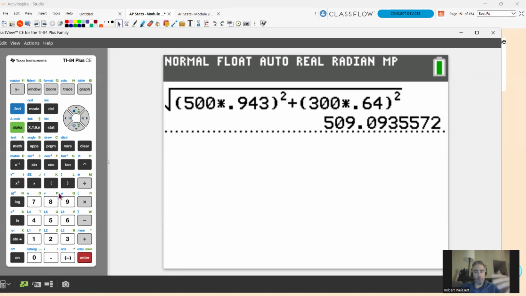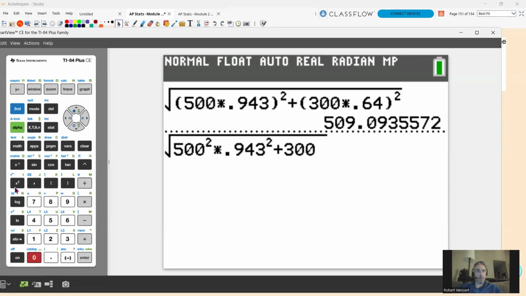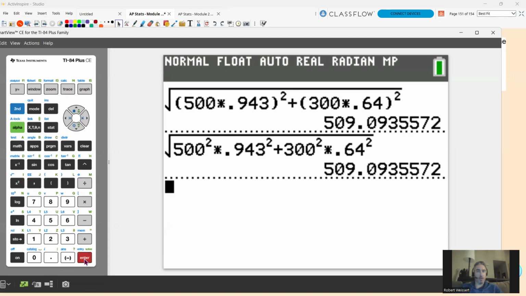The formula that your book will want you to do is like this: 500 squared times 0.943 squared. I find that to be too much typing. It's the same thing, but I'd rather just put it in parentheses because visually it makes more sense to me. But to each his own, you do what works best for you.